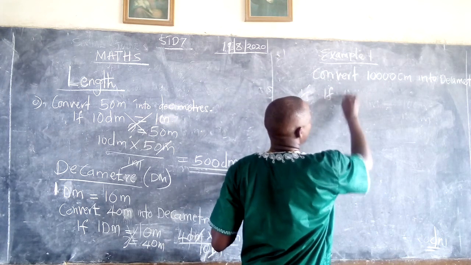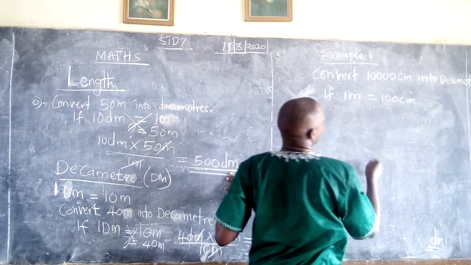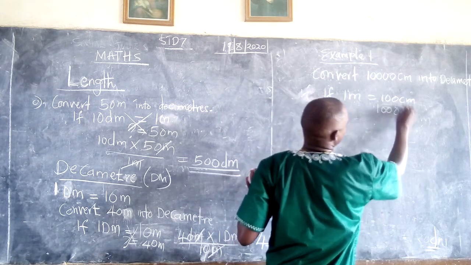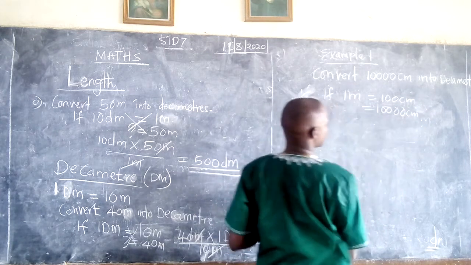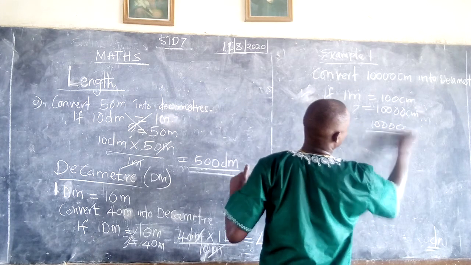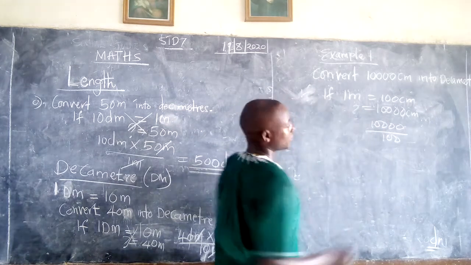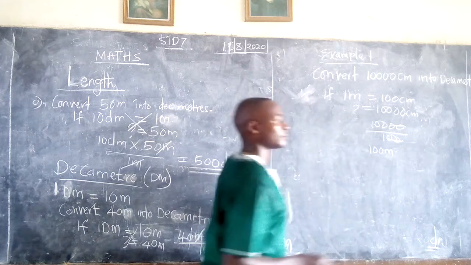If 1 meter is equal to 100 centimeters, what about 10,000 centimeters? This will be 10,000 divided by 100, so you are going to get 100 meters.